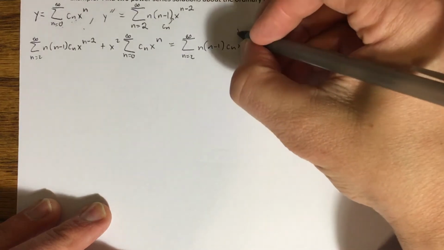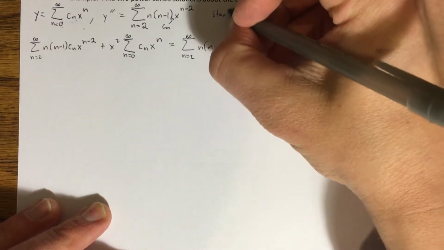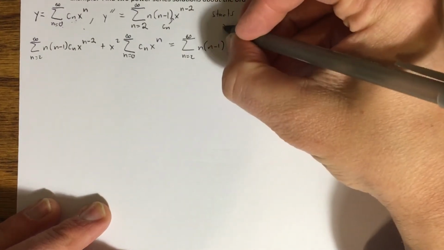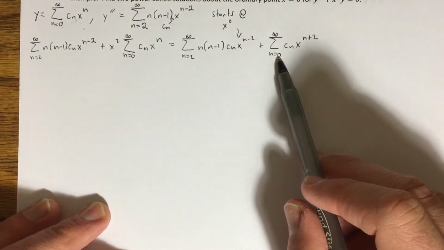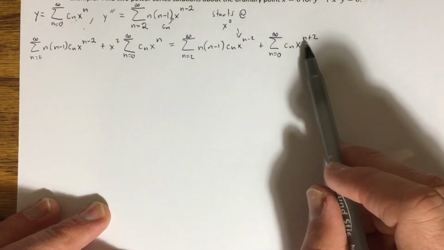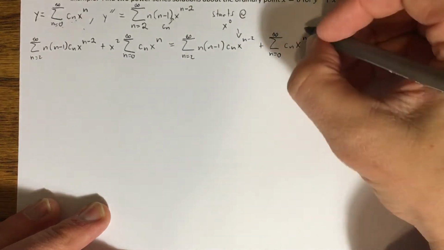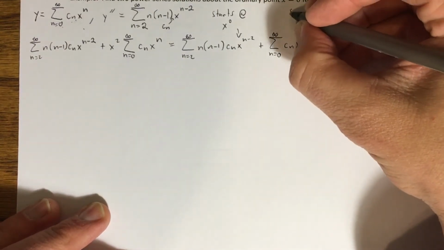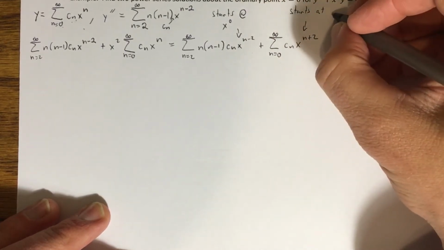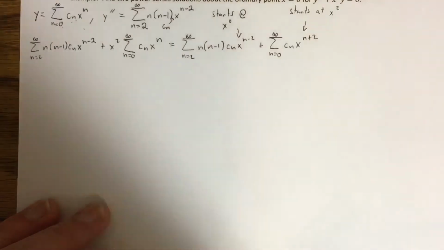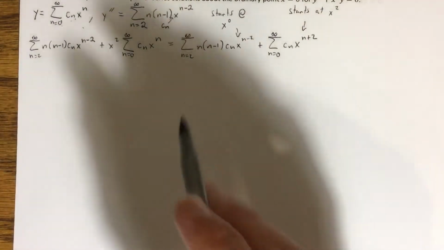So this one starts at x to the 0 power. Over here, we initiate this series by plugging 0 in for n. 0 plus 2 is 2. So this one starts at x squared.